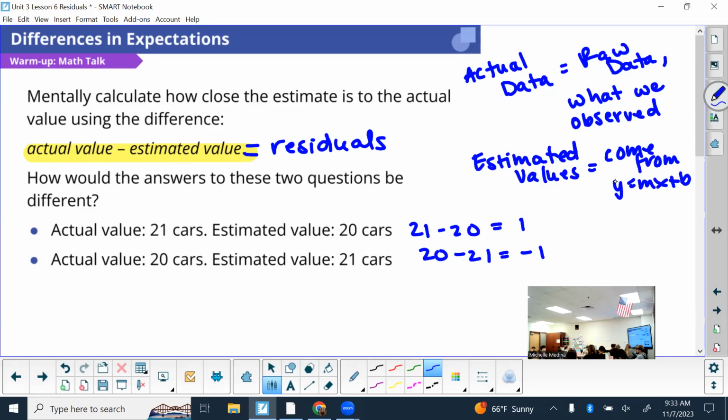We have a bunch of names for it: linear model, linear regression, trend line, line of best fit, all mean the same thing, but they're all going to be in the form y equals mx plus b. So it's what you get from putting it in that equation that is your estimated values. All right, so questions on those definitions.